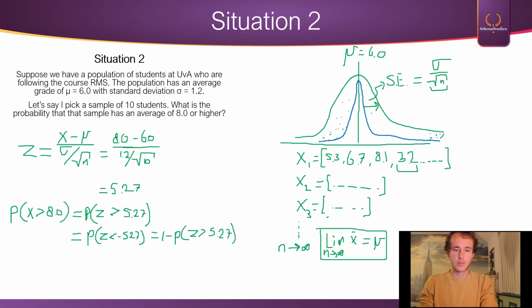But you can already see in your z table that it doesn't go as far as 5.27. I think it goes to somewhere like 3.4. And at 3.4 already you can see that the probabilities get really, really small. So this probability is somewhere around 0%.